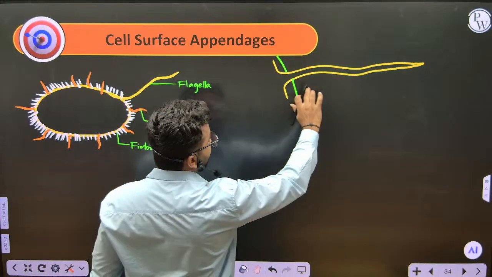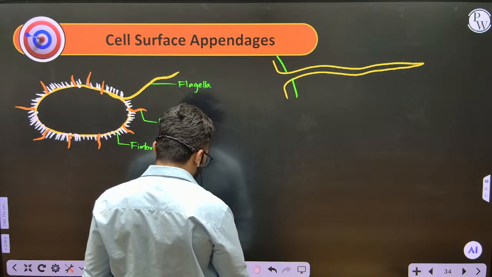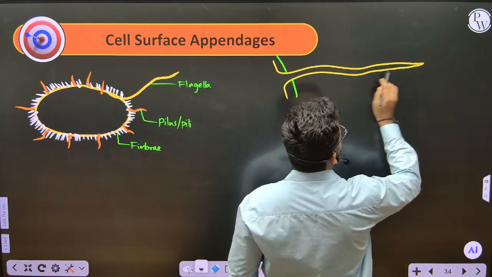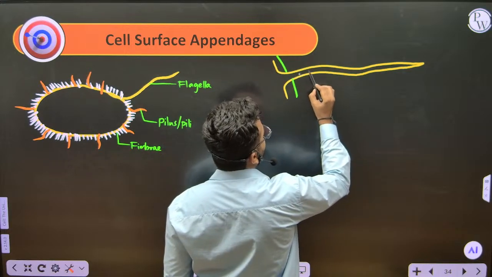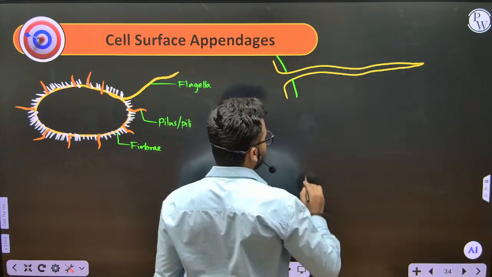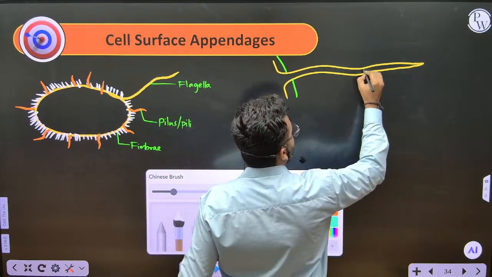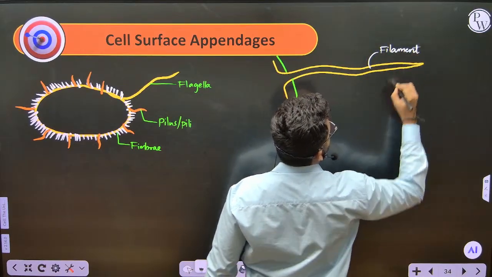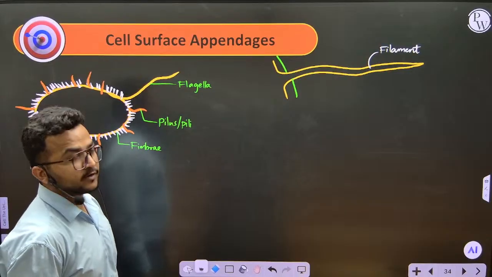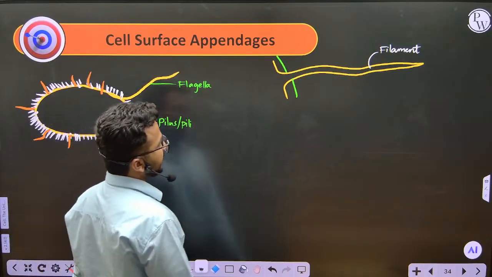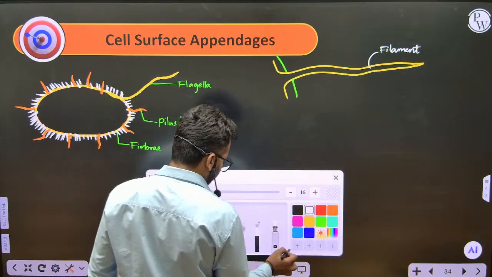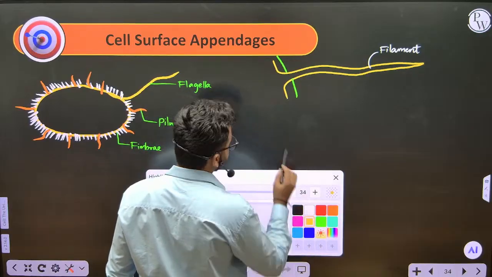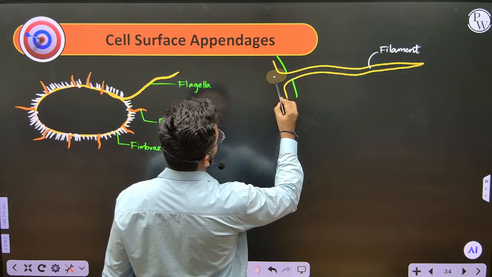This flagella has three parts. The long slender structure of bacterial flagella, we call this the filament. And this part, we call this the basal body.